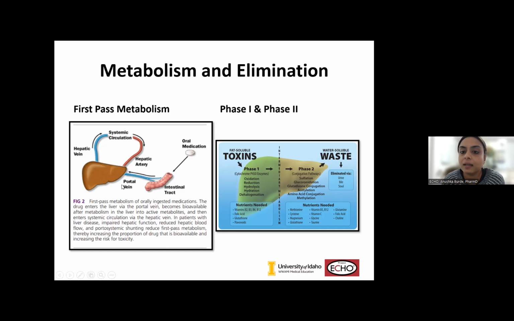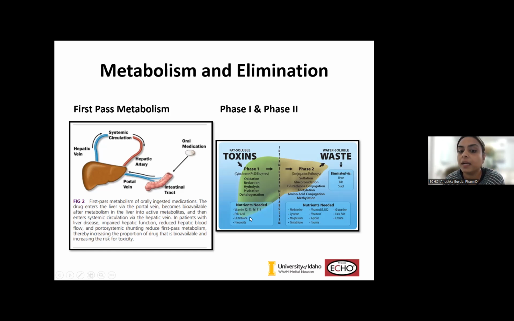Inside the liver, for drugs which are metabolized through the first pass pathway, usually most of the drug is metabolized into inactive substances, and only a portion of the active drug is released back into the systemic circulation. That helps the body get only a certain amount of active drug.